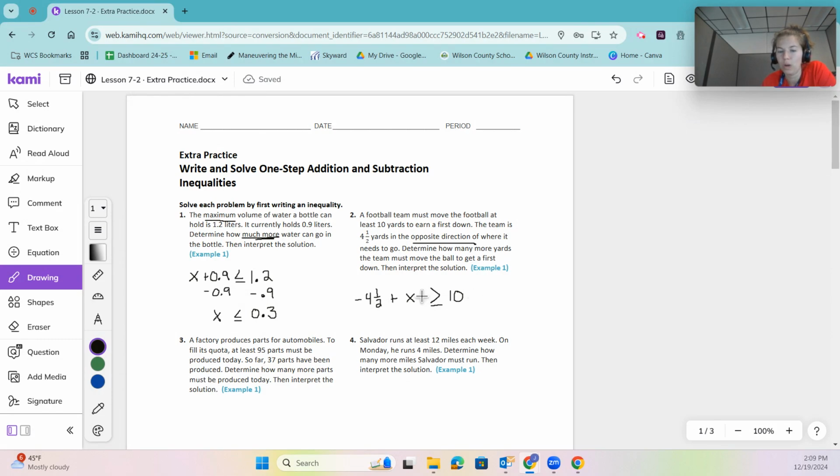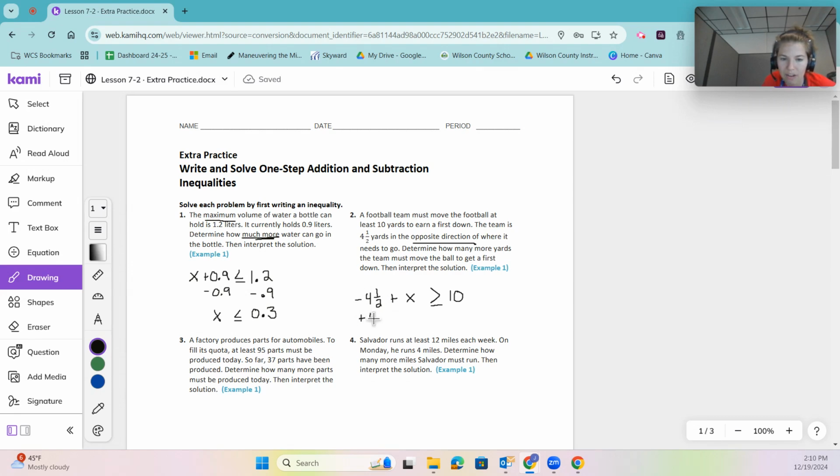When we solve this inequality, because they're in the opposite direction, that indicates a negative number. So they're at negative 4.5, and then we have to get some number of yards in order to gain at least 10 or more. Okay, so we're going to do the inverse operation here.